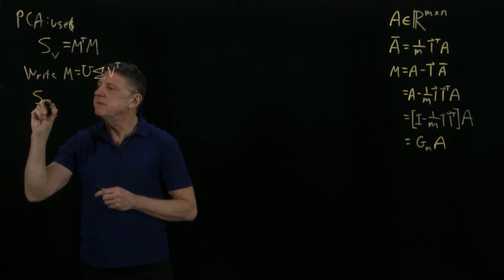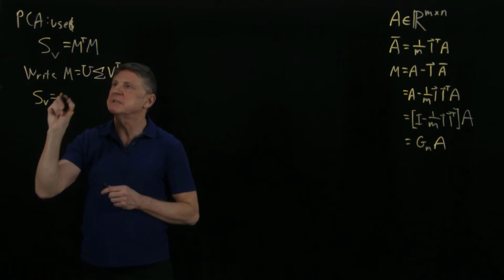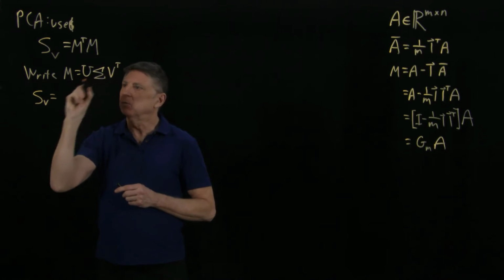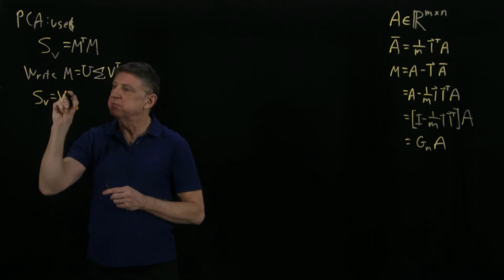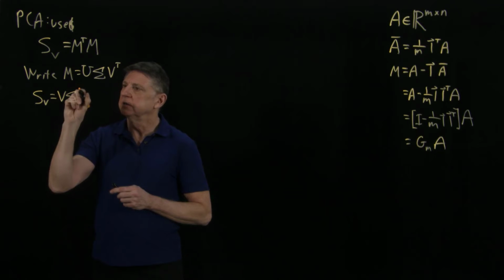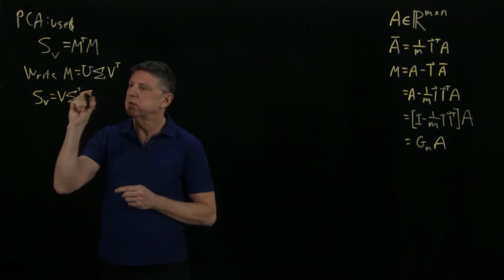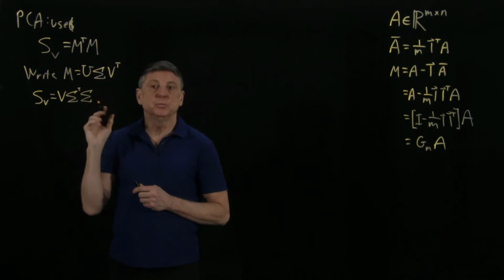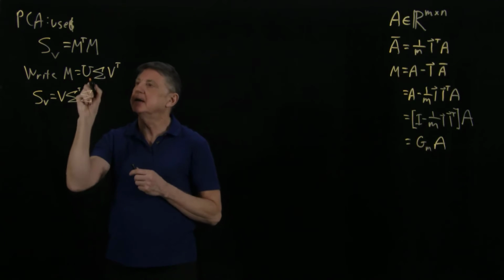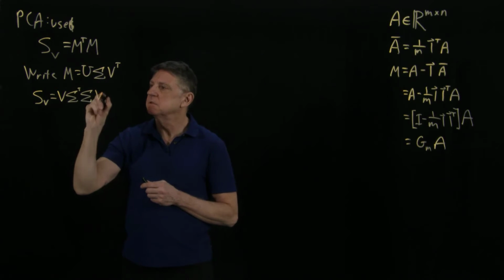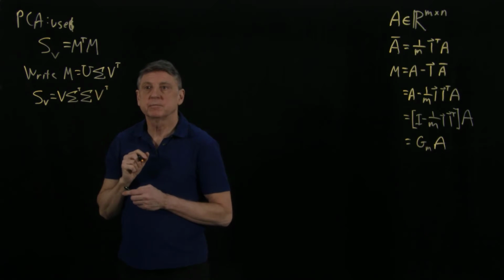So when I do that transpose, what I get is V times sigma transpose times U transpose U, but that's the identity, so I can omit that, times the sigma times V transpose.